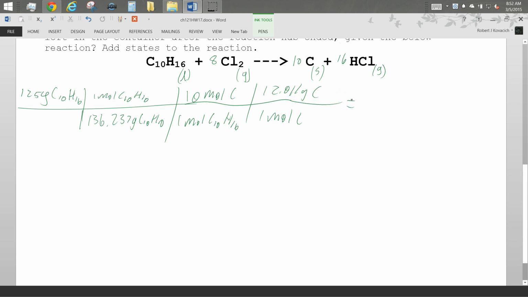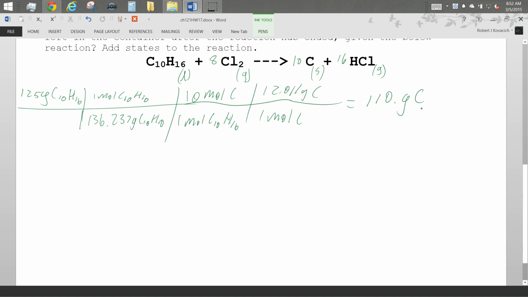So I've got 125 times 10 times 12.011 divided by 136. And it's 110.0 grams of carbon that's going to be made.